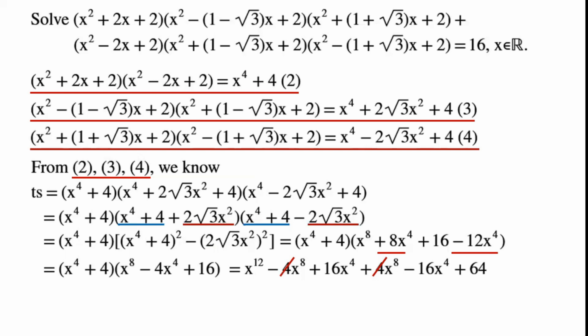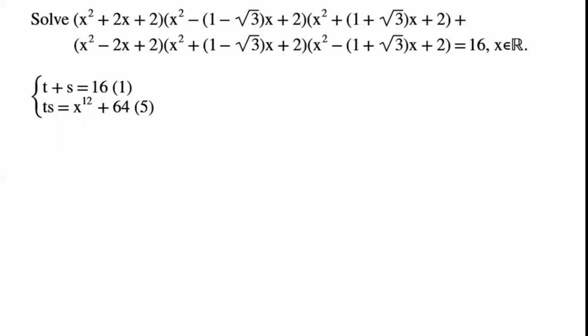Minus 4x to the power of 8 and 4x to the power of 8 cancel. 16x to the power of 4 and minus 16x to the power of 4 cancel. Thus, TS equals x to the power of 12 plus 64.